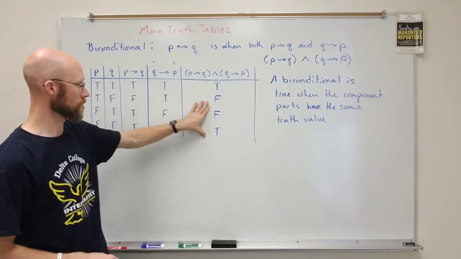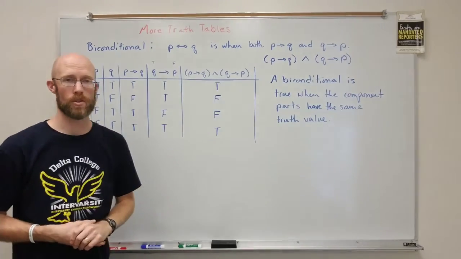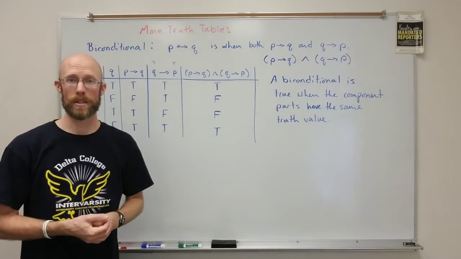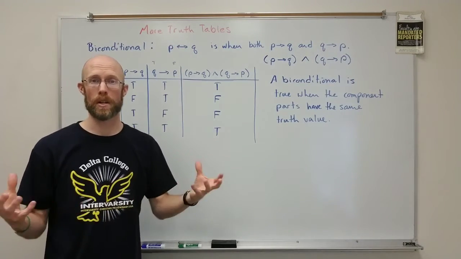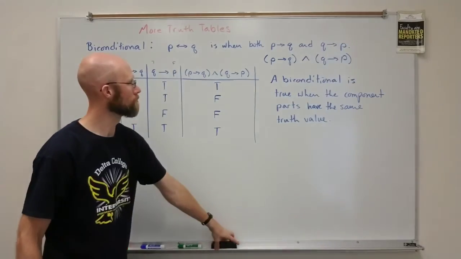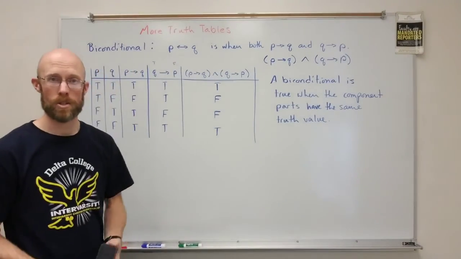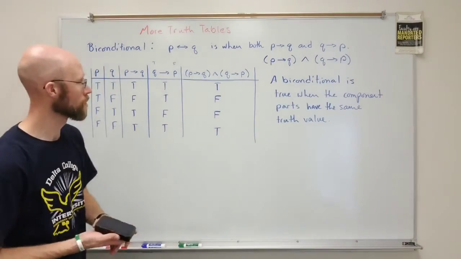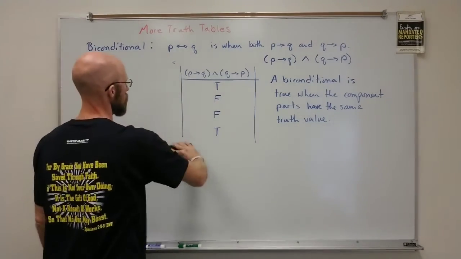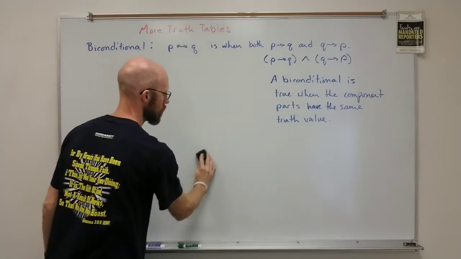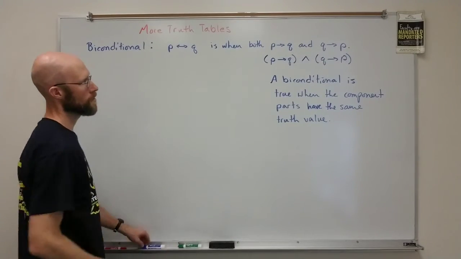So that gives us an idea of what the truth table will look like for a biconditional. And then of course we can incorporate biconditionals into bigger statements, maybe including conjunctions and disjunctions and conditionals. So maybe an example, I'll keep that definition up here for a moment.